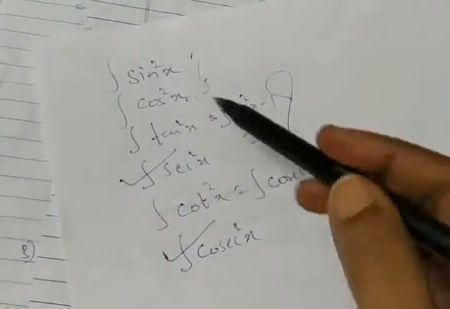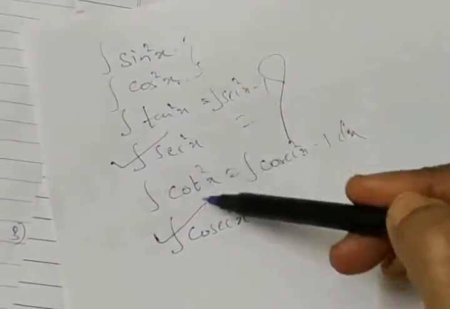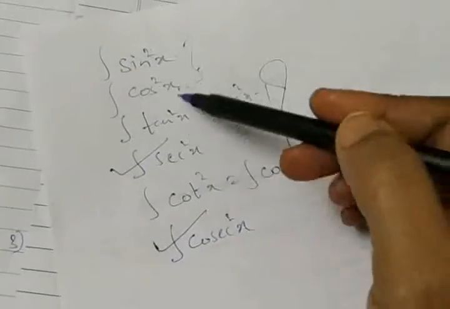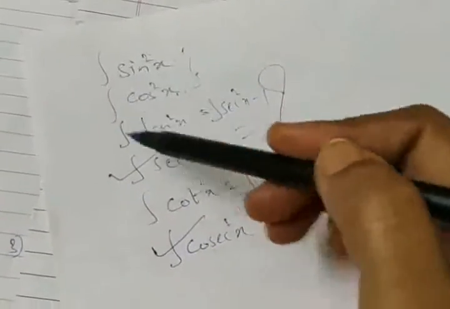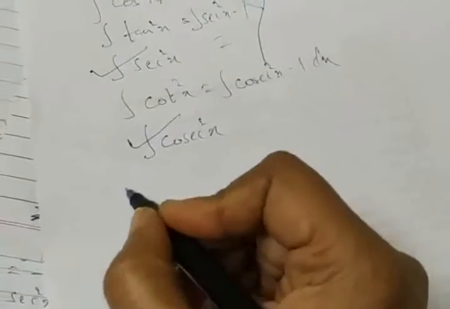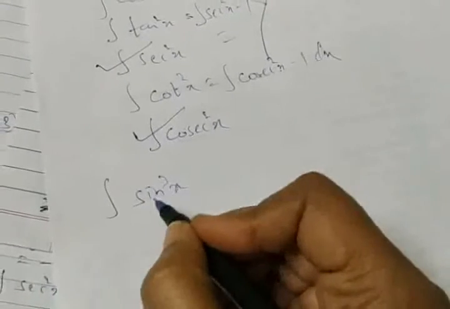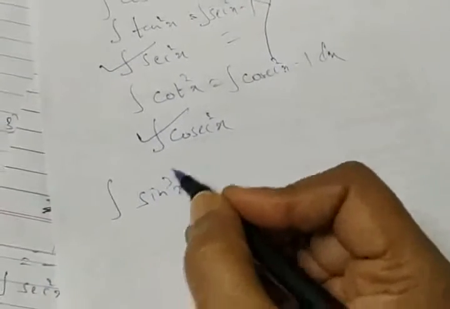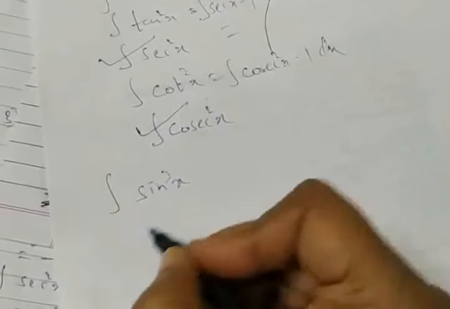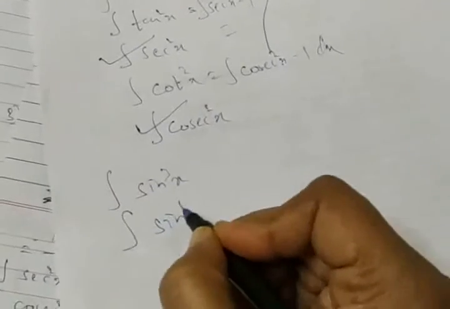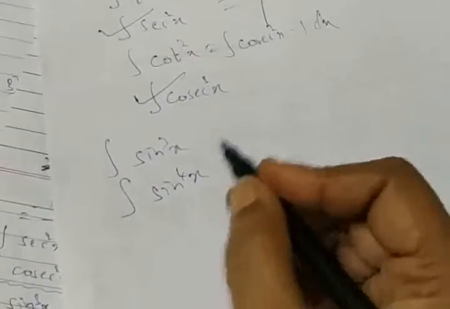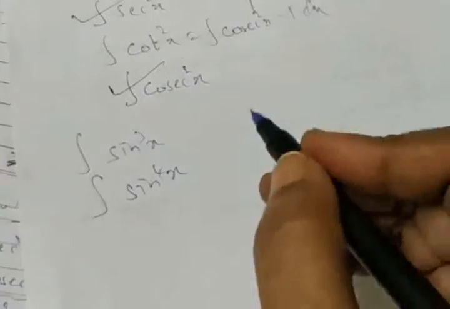Overall, we go for all the 6 trigonometric functions whose square is given to us, and the question is how to integrate. After squaring, we further move on to how to integrate sine cube x, similarly cos cube, tan cube, secant cube, cosecant cube, cot cube. Similarly, integration of sine raised to 4, cos raised to 4, tan raised to 4, and so on.